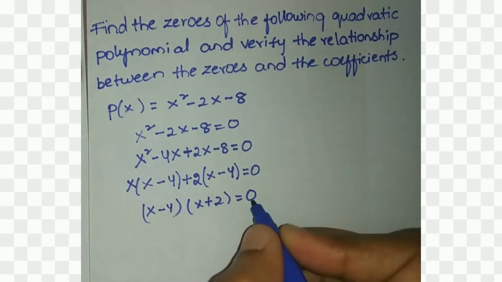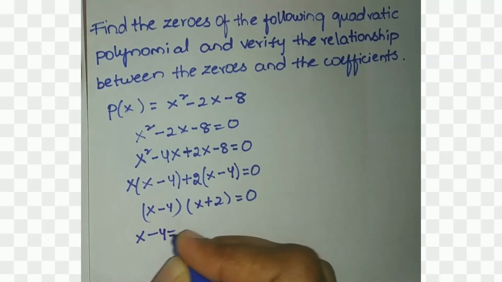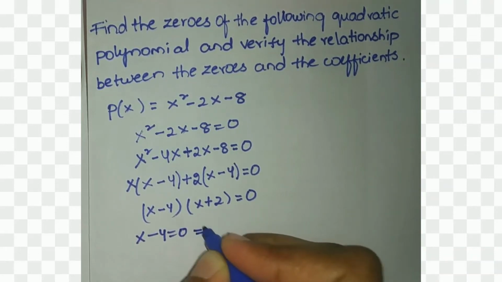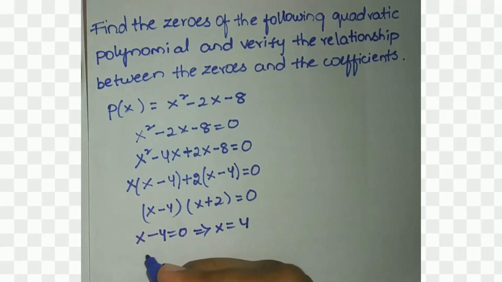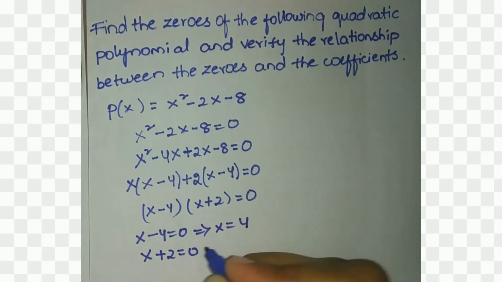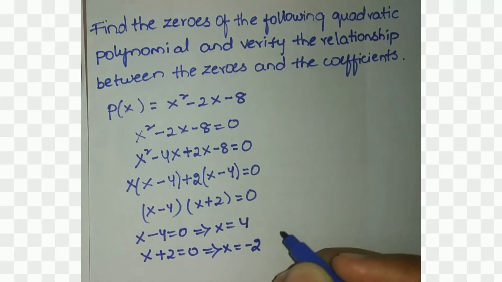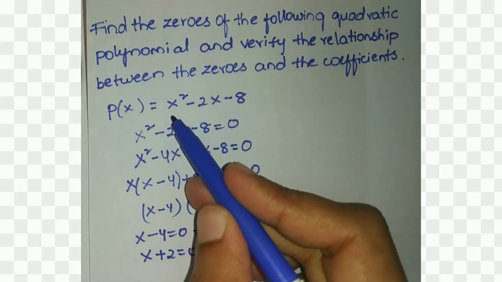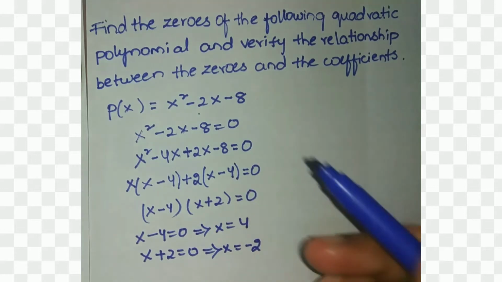The first term is equal to 0. X minus 4 is equal to 0, which is nothing but x is equal to 4 and x plus 2 is equal to 0, which is nothing but x is equal to minus 2. 4 comma minus 2 are nothing but the zeros of the polynomial x square minus 2x minus 8.